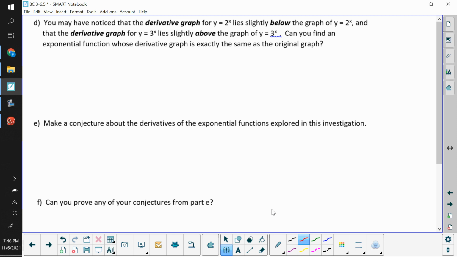If you're unsure, think what's a number that we use frequently in math that falls in between 2 and 3? Well, one that does fall in between is e to the x. So that would maybe be one that you would think.